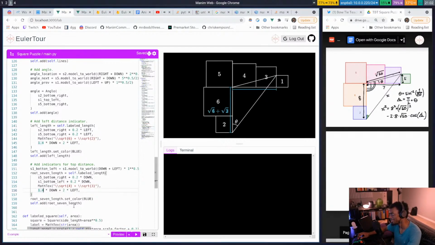Maybe this should... part of me thinks this should be offset from the center of the line. I think that would make more sense. I don't know, maybe this should be down or something.